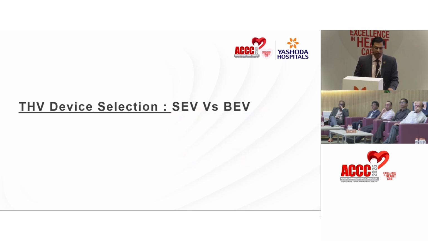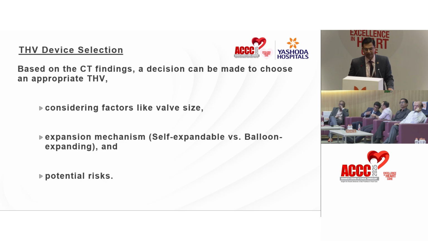So coming to which valve based on your CT analysis. First of all, the size is important, and then which valve to choose, whether a self-expanding platform or a balloon-expanding platform. That can be very much decided on the CT findings.